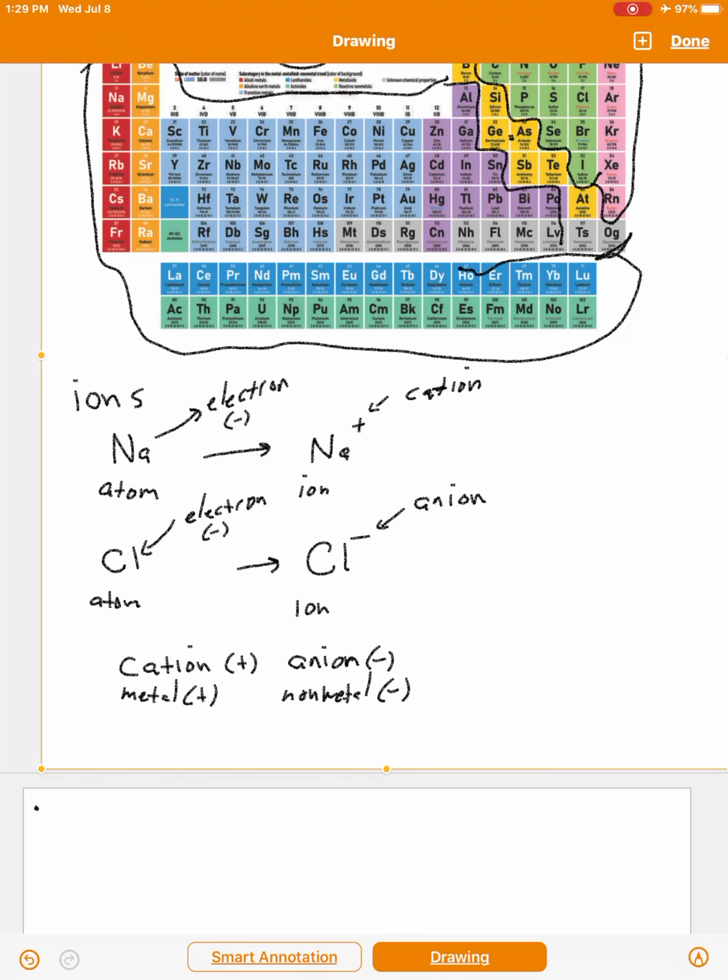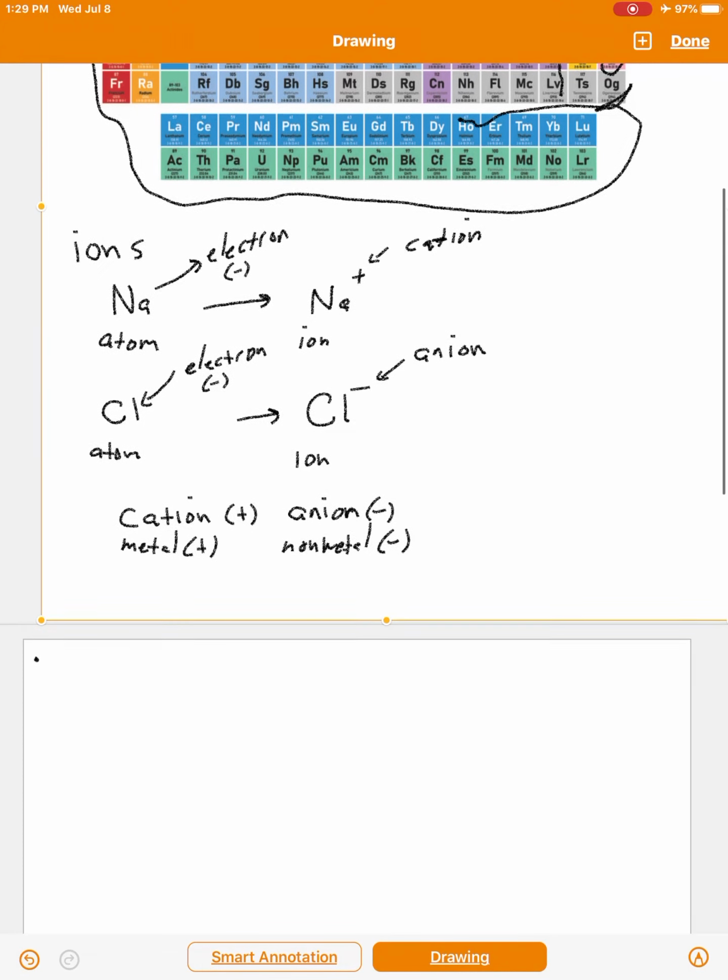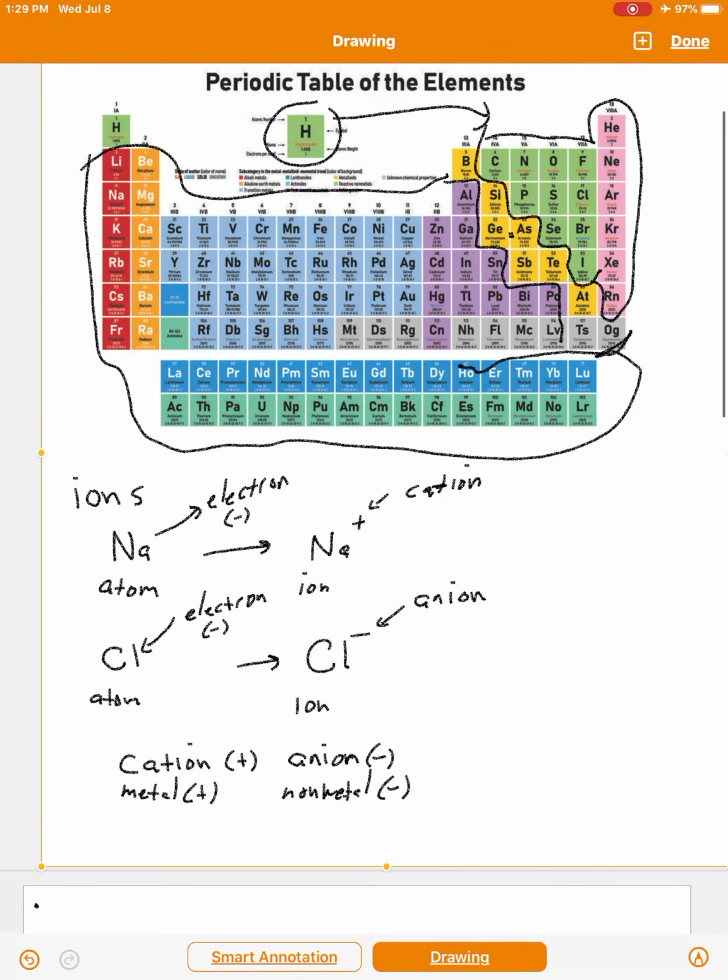The anion typically has an ending that is changed in such a way to indicate that it's an anion. So it'll end in either -ide, -ite, or -ate.